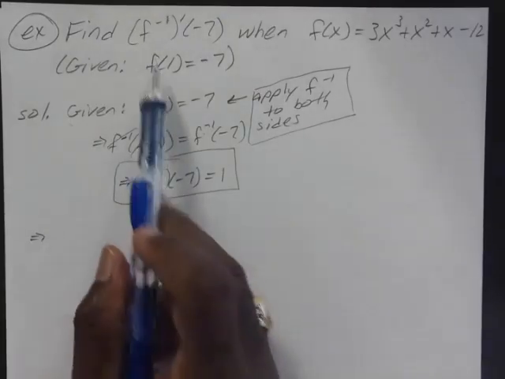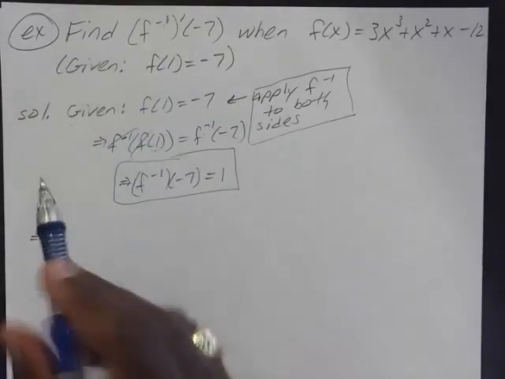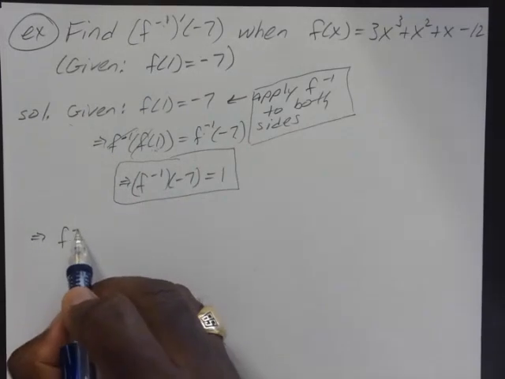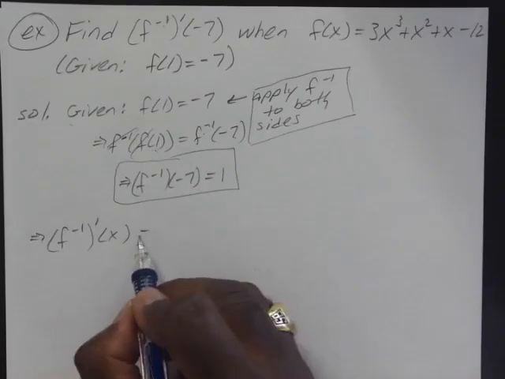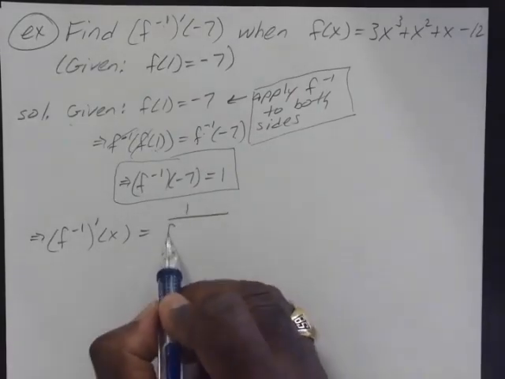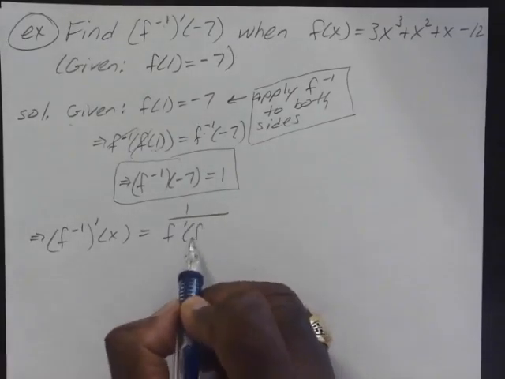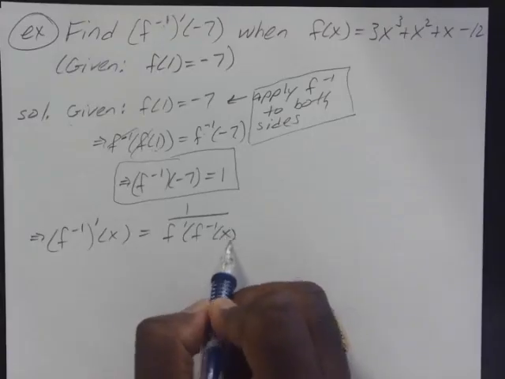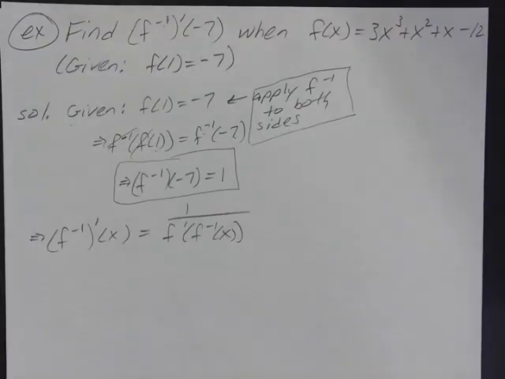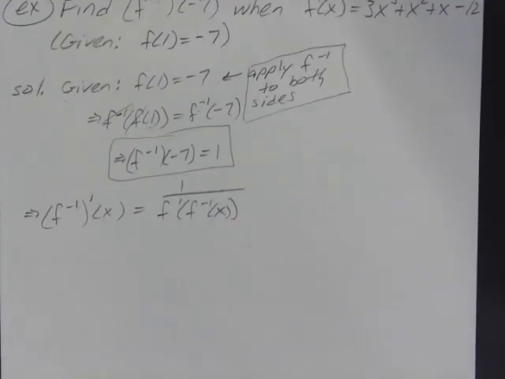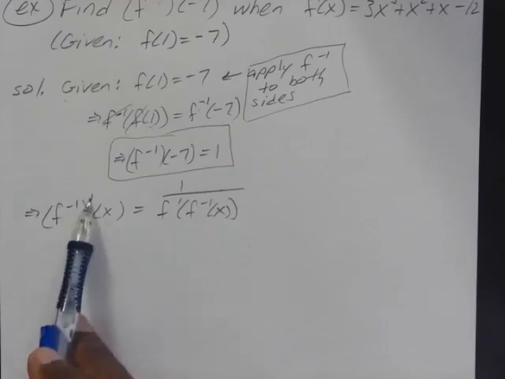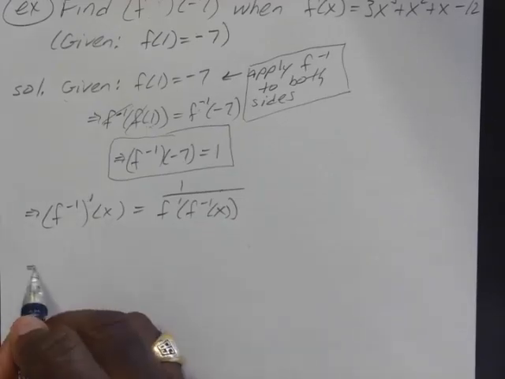Okay, so to find our f inverse prime, we know that f inverse prime of x is equal to 1 over f prime of f inverse of x. Okay, so we're looking for f inverse prime of negative 7.